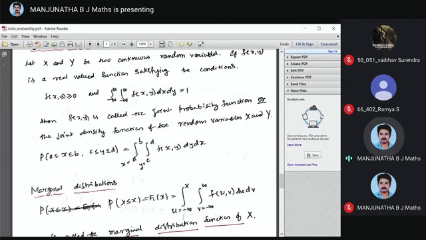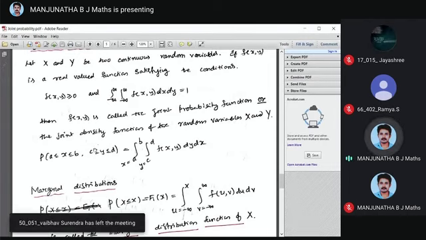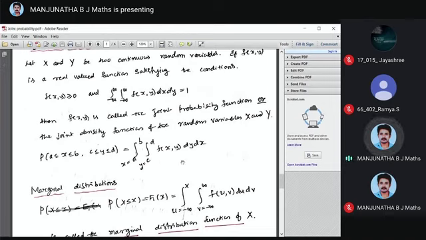If we take a finite interval, x lies between a to b and y lies between c to d, so we integrate f of x comma y dy dx. If both the limits are constant, it is immaterial whether you integrate with respect to x or y. But if one of the limits contains a variable, then we have to think about which one to integrate first, with respect to x or with respect to y.